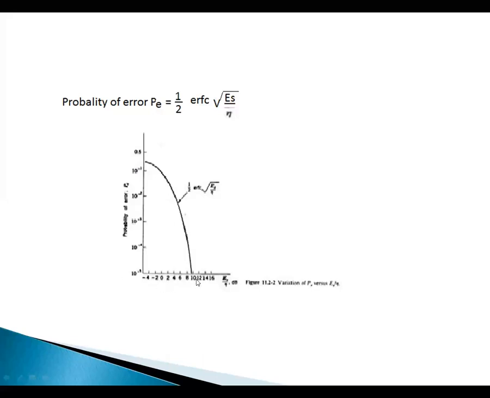On the x-axis there is the parameter EB by N naught, energy per bit by noise spectral density, which is the parameter in the square root. On the y-axis there is P of E, probability of bit error. So there is a decreasing path; the curve decreases towards the x-axis.